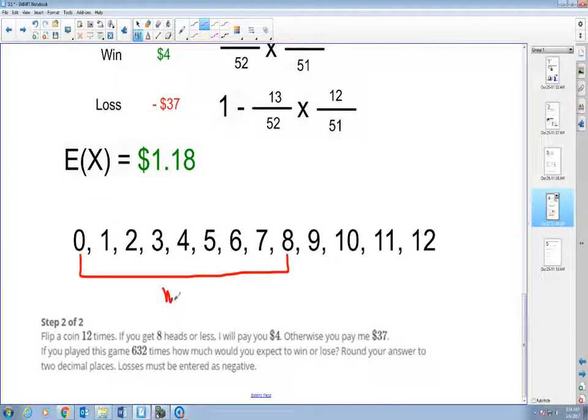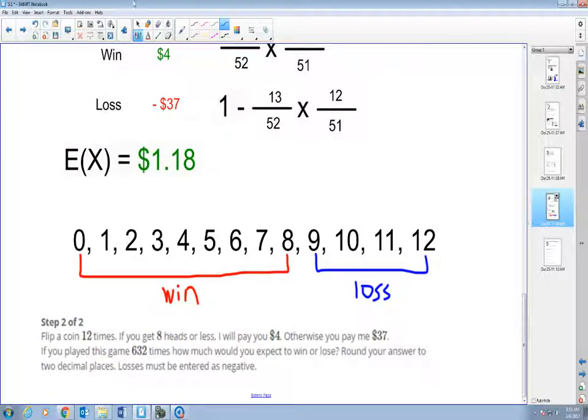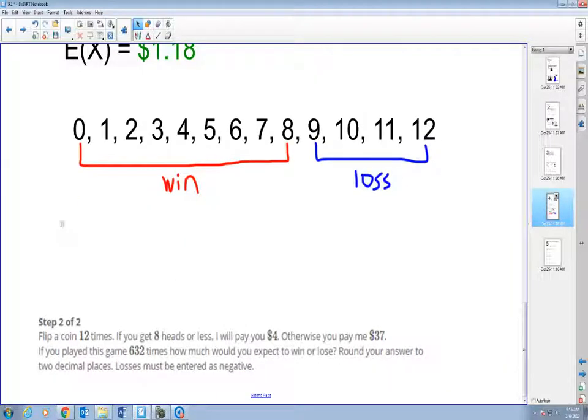So the 9 to 12 is the number of ways you will lose. So I think it's easy to figure out the loss first. Let me do it down here before I go back up there. Alright, find the number of ways you can lose. So let's do the 9 scenario. Okay, the 9.